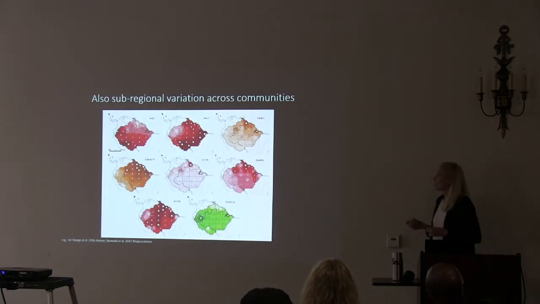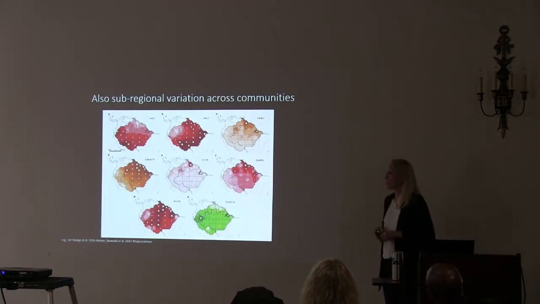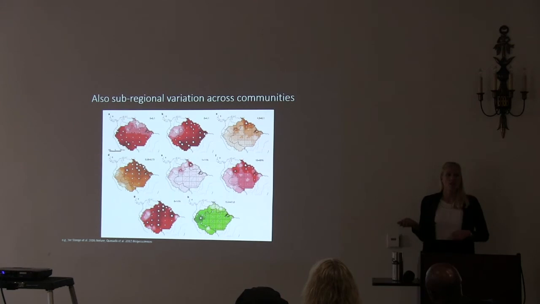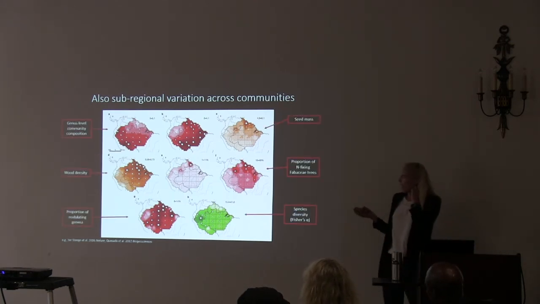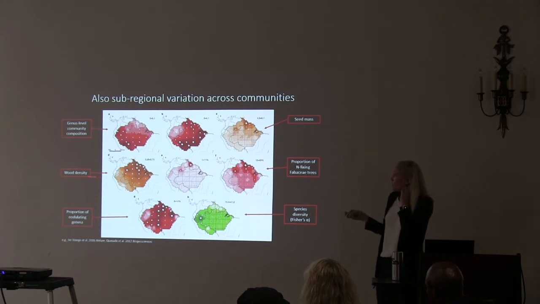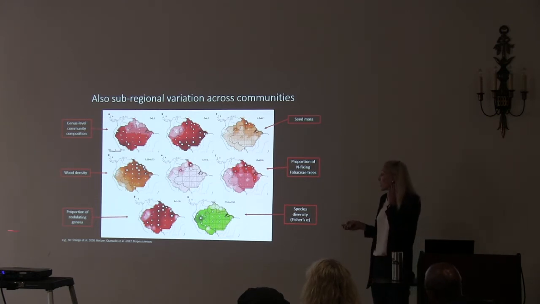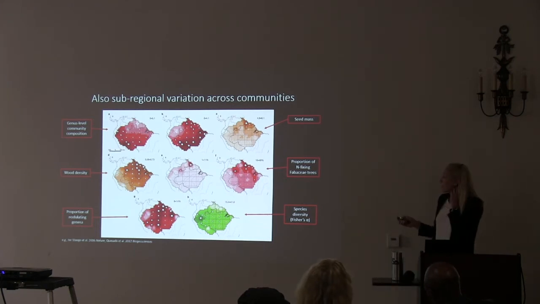There's also a huge amount of sub-regional variation across these communities that is incredibly important and not well represented in these models. This is just an example from a couple papers looking at the Amazon basin that point out huge variation in important plant traits like wood density, the proportion of nodulating genera and nitrogen-fixing Fabaceae trees, and variation across the Amazon in terms of species diversity, here in Fisher's alpha.